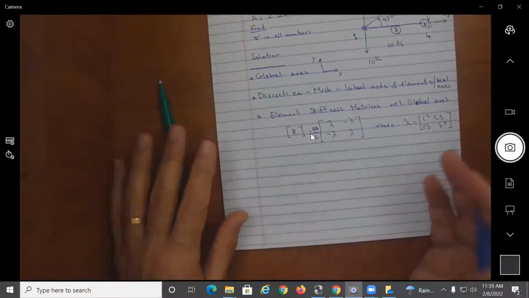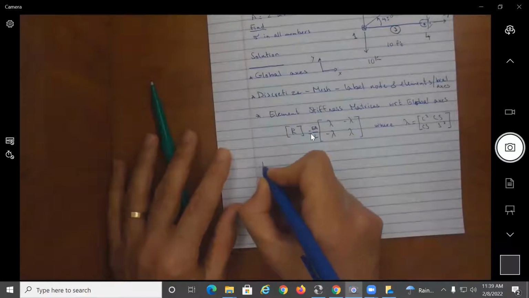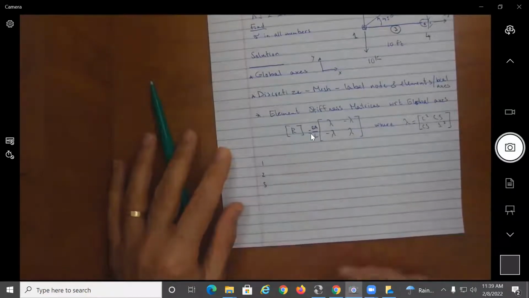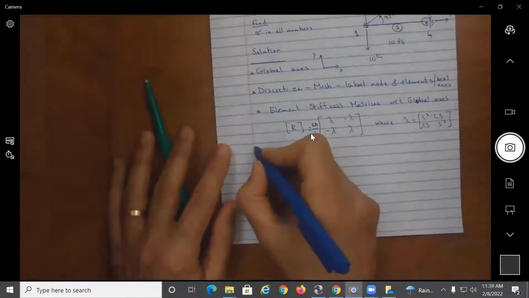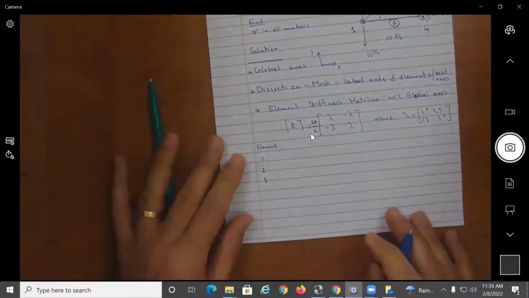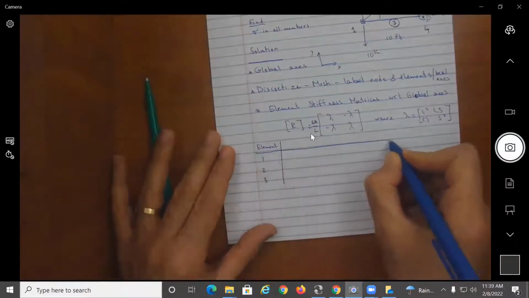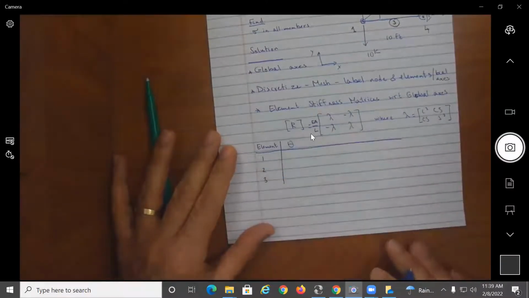Just as a way of organizing the work, I'm going to make a table, and I'm going to put element 1, element 2, and element 3. So this is the element number. And for each of these elements, I'm going to define theta.